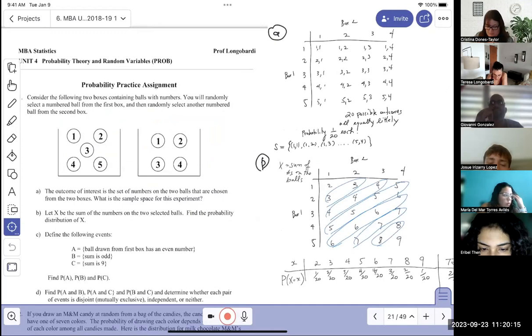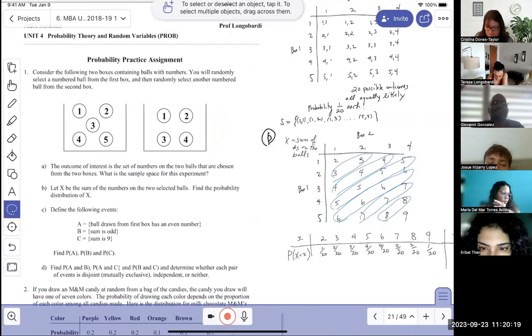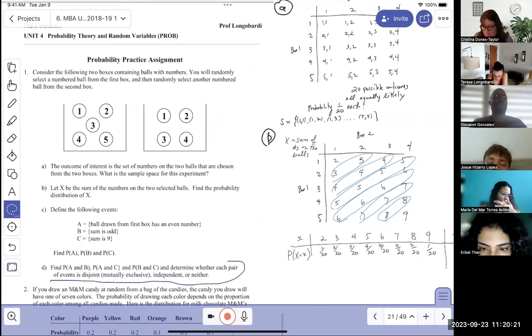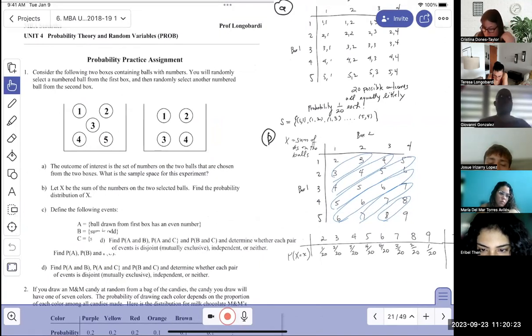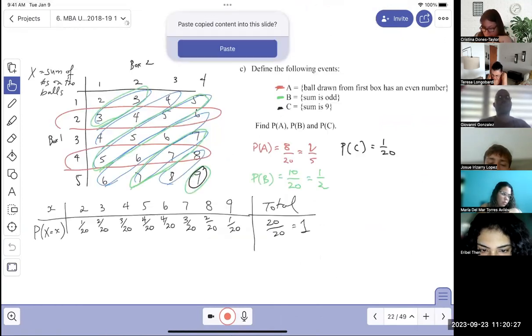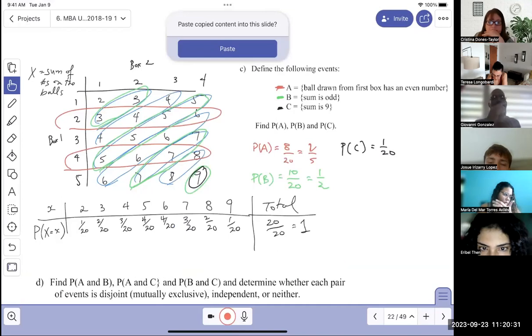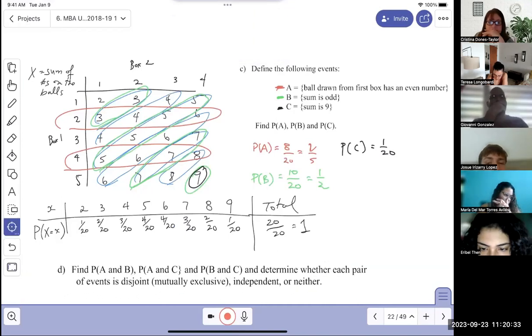So part D. Find A and B, find A and C, find B and C, and determine whether each pair of events is disjoint, independent, or neither.